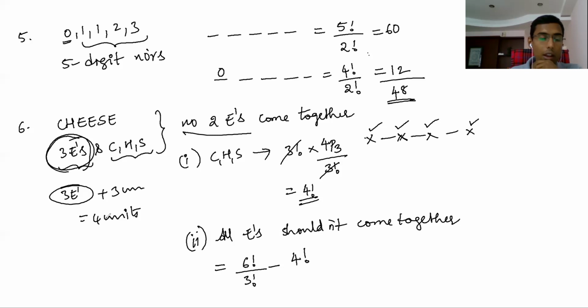And the 3 E's you cannot arrange among themselves again because they are identical, so no 3 factorial. Therefore, 6 factorial by 3 factorial minus 4 factorial gives the number of permutations in which all the E's are not together. So that is the difference between this and this. Hope you got it.